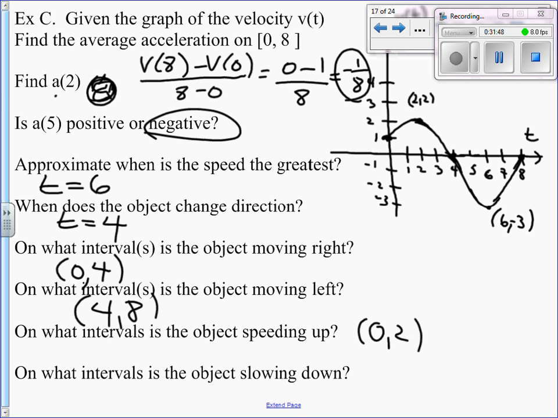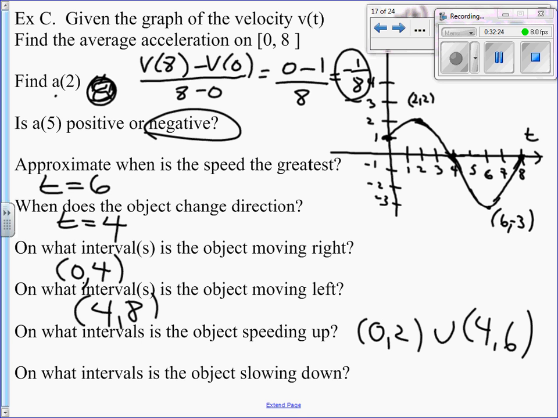From 0 to 2, the velocity is positive because the graph is above the x-axis, and the acceleration, its slope, is also positive. So if it's positive and increasing, it's speeding up. From 6 to 8, the velocity is negative because it's below the axis, but the slope's positive, and we're looking where it's speeding up. How about 4 to 6? They're both negative. So if it's negative and decreasing, or positive and increasing, it's speeding up.